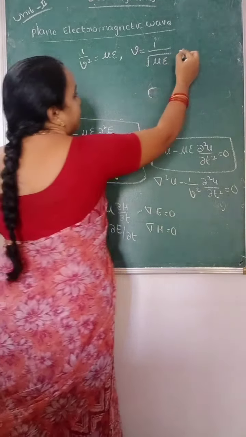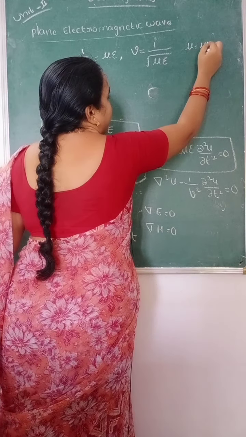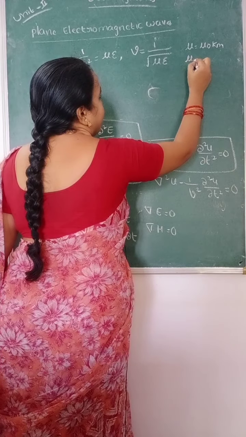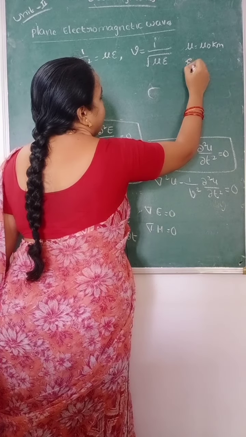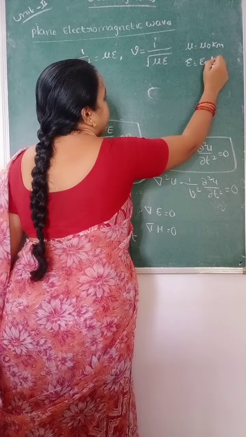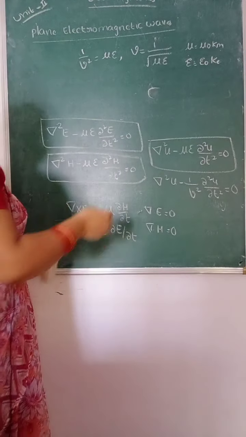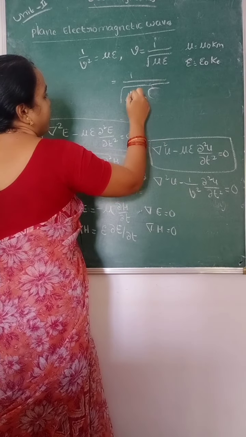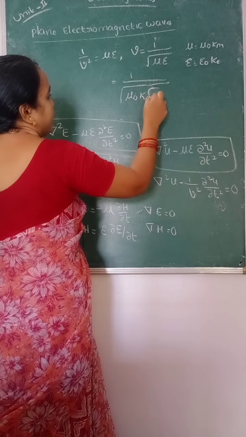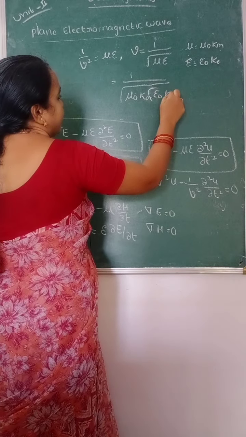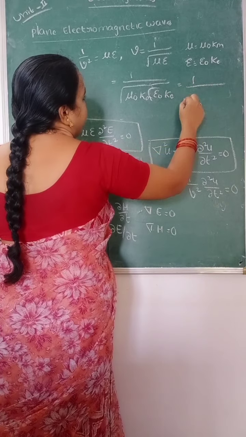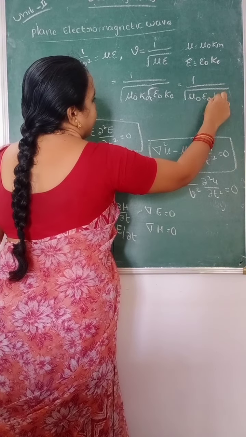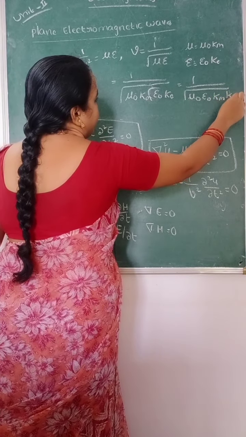We know that mu is equal to mu naught Km, where Km is the dielectric constant for the magnetic material, and epsilon is equal to epsilon naught into K. Then V is equal to 1 by root of mu naught Km epsilon naught K, that is 1 by root of mu naught epsilon naught into Km into K.